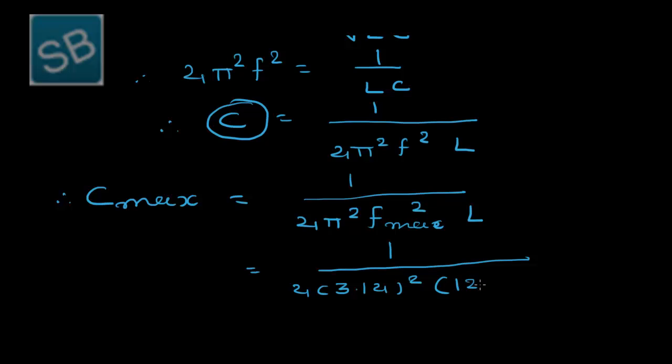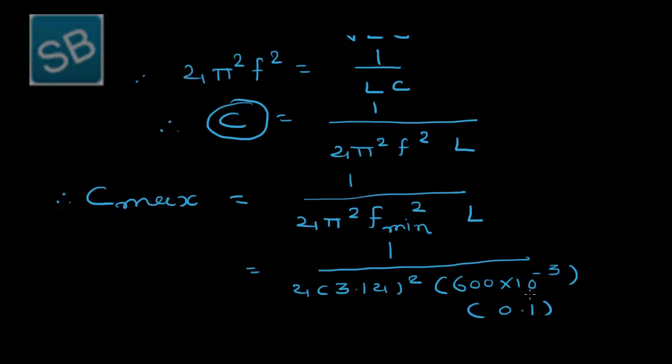But here, if you want to find out the maximum value of capacitance, then as the frequency is inversely proportional to this capacitor, we have to use over here the minimum frequency. Therefore, f min is equal to 600 into 10 to power 3 into the value of Henry, 0.1.